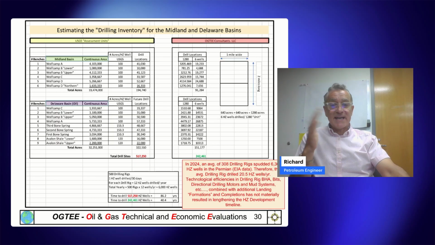So we've seen technological innovations in drilling rigs, bottom hole assemblies, bits, directional drilling, mud motors, mud systems, etc. We're all very familiar with the amount of innovation that has occurred over the time frame it's taken us to develop where we are sitting today, which I'm going to get into next.